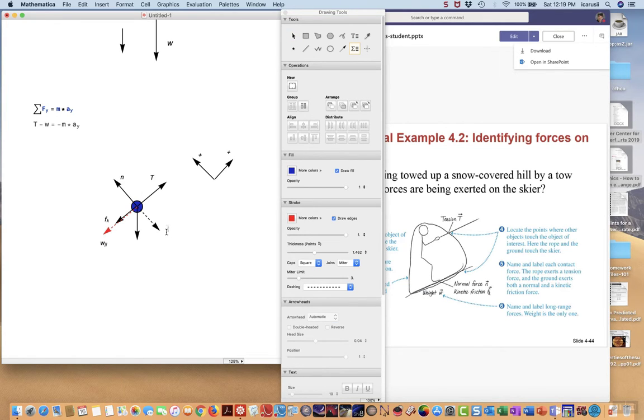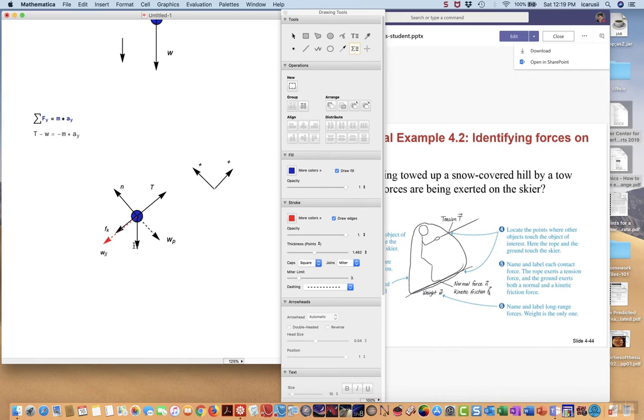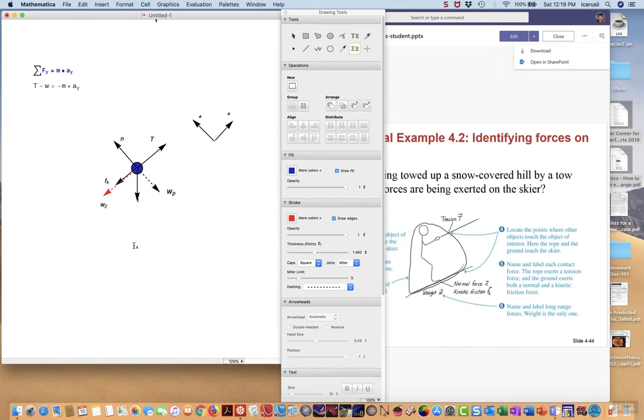This is W, and I don't have a parallel sign, so I'm going to call it WP. This is the actual weight. Okay, sorry for the adventure, folks.